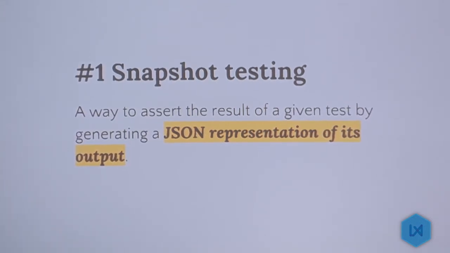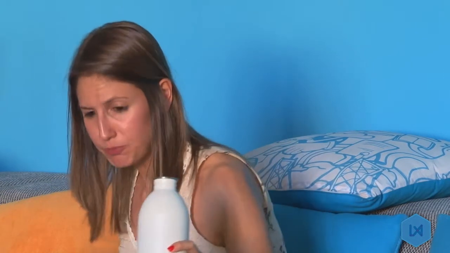Well, in general, snapshot testing is a test approach that allows you to assert the result of a given test by generating a JSON representation of its output. And what does it mean?